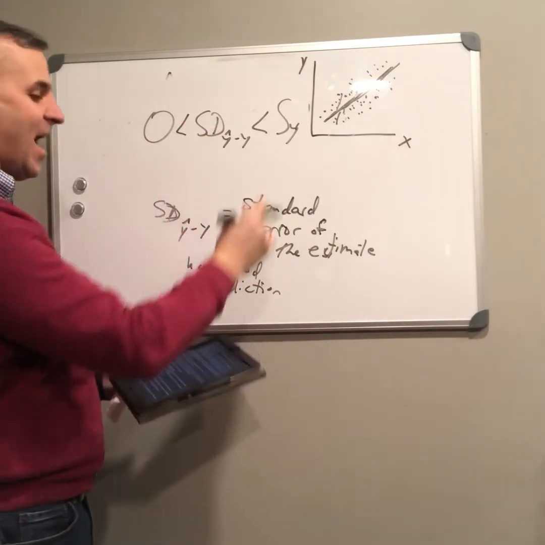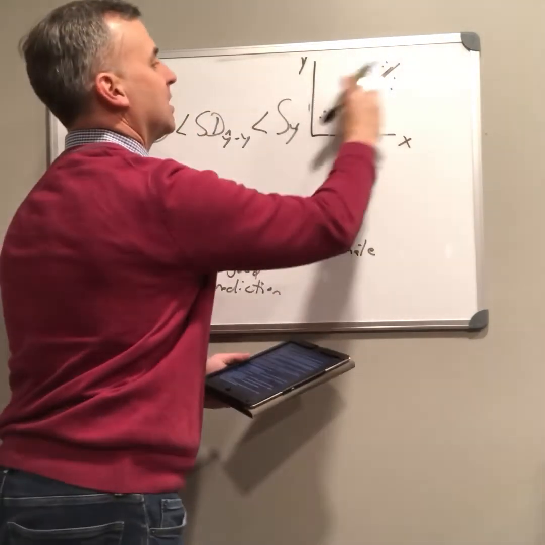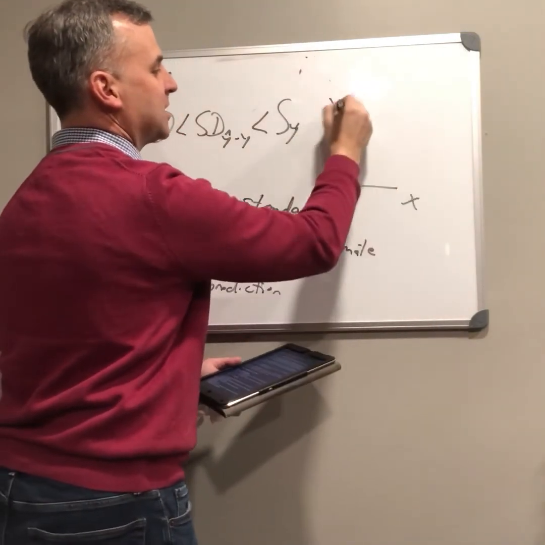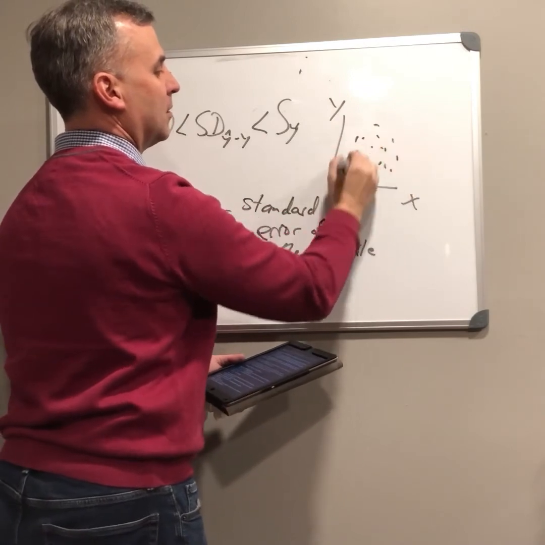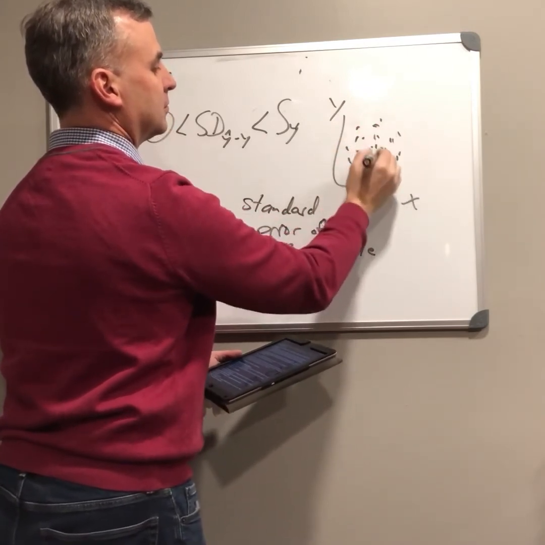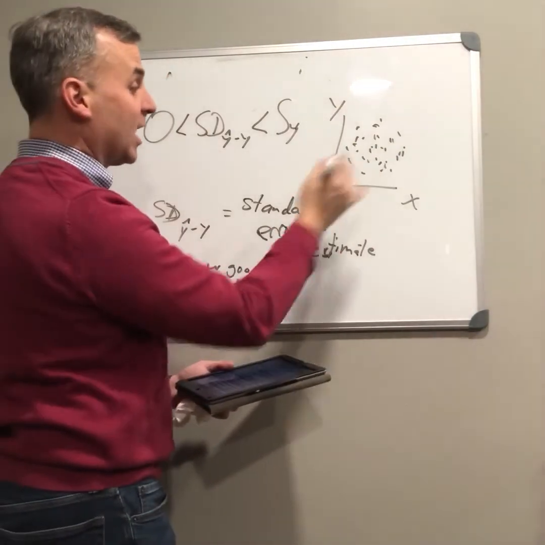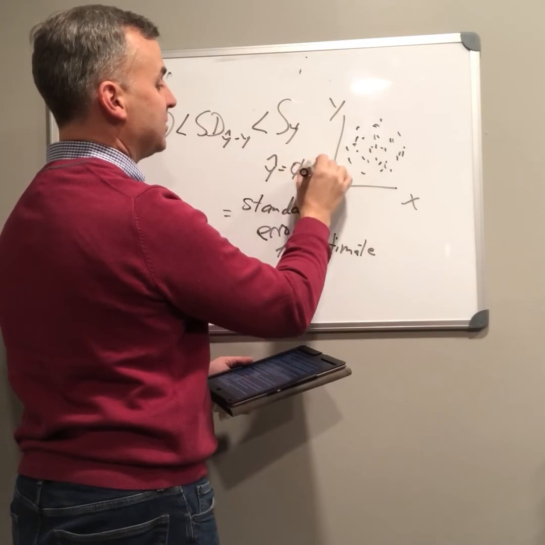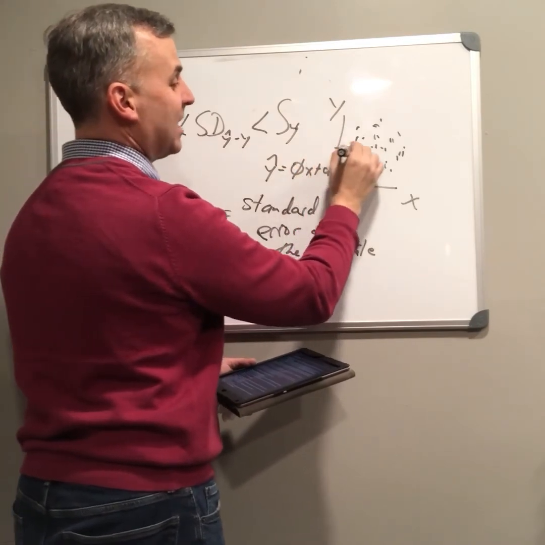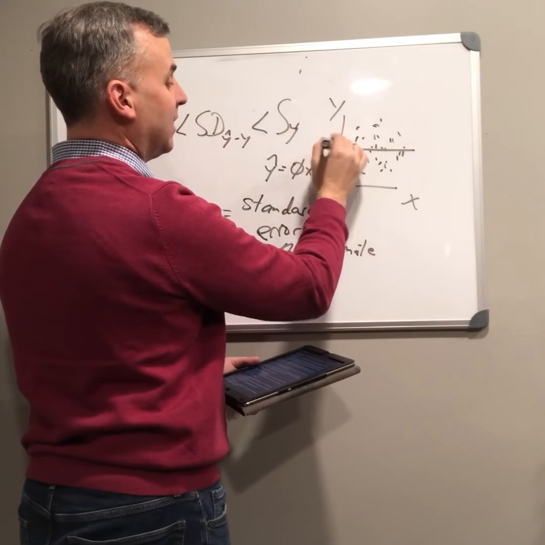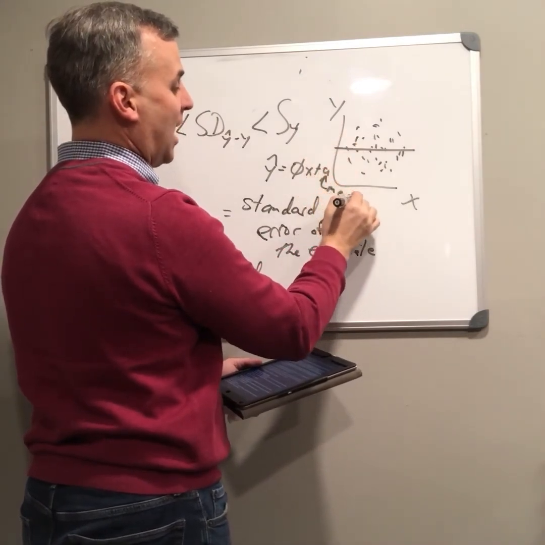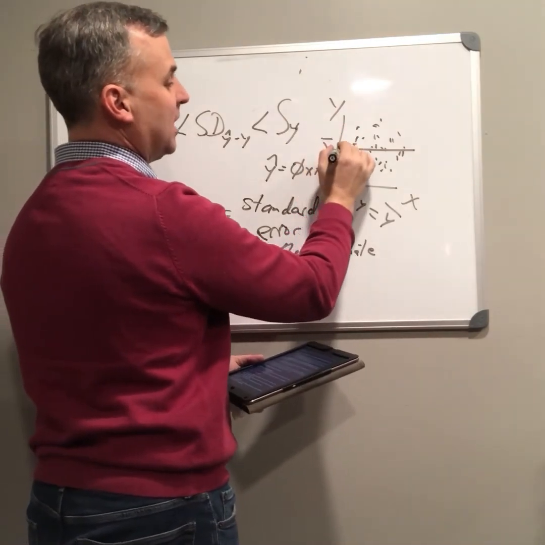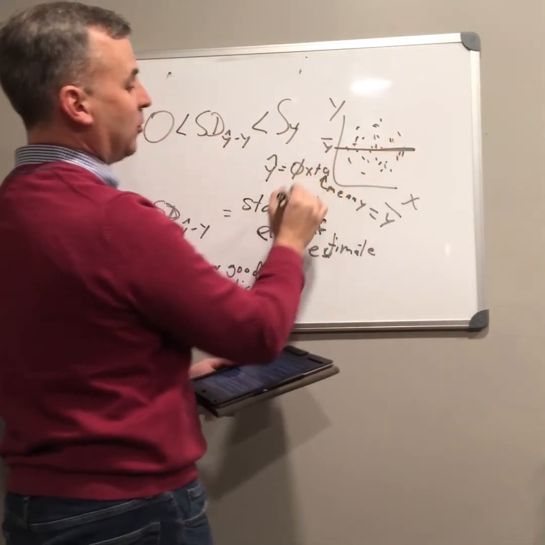So let's take the case where I have no relationship between x and y. In this case, I will still get a predictor line, right? And it's going to look like y hat equals 0 times x plus some a, right? And in fact, this a is going to be the mean of y. So located at the mean of y, I'm going to get this straight horizontal line with a slope of 0.